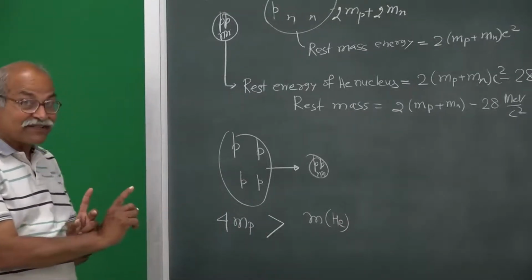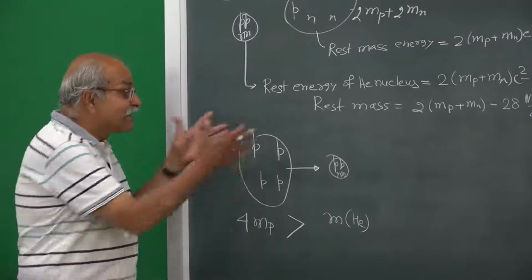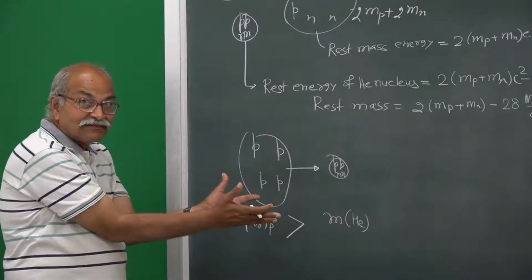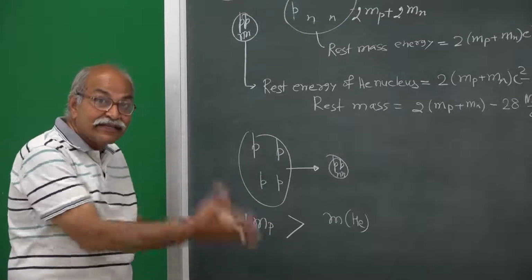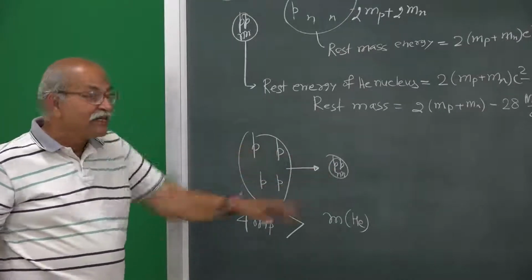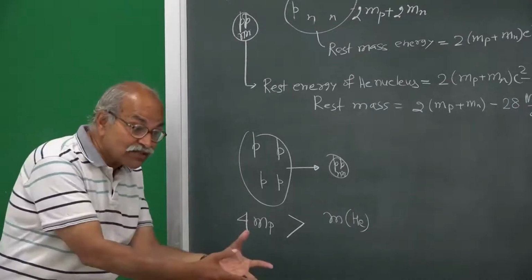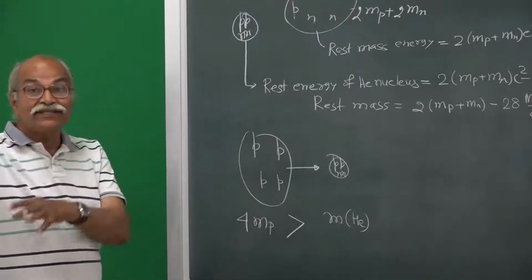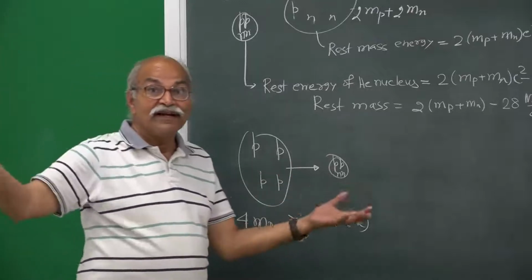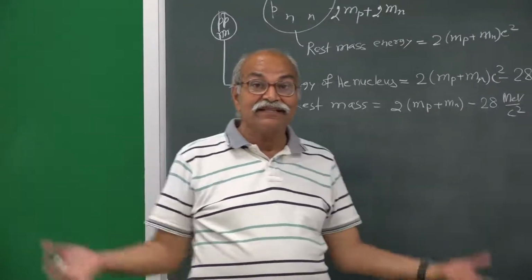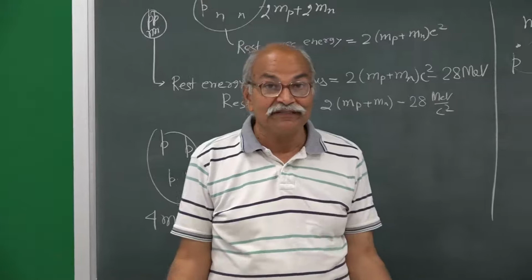And that difference, the decrease in rest mass energy going from here to here, is radiated in the form of light and so on, and that energy we get on our earth.